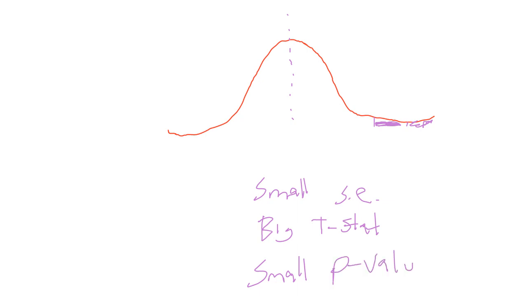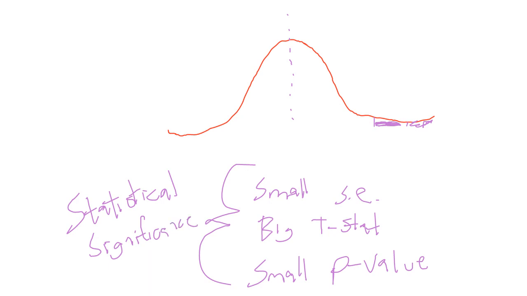So those are our three indications. We want a small standard error, a big t-statistic, or a small p-value. And if all of these things are past some arbitrary threshold we set called the significance level, then we have statistical significance.